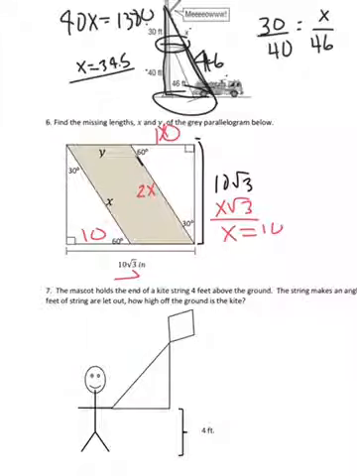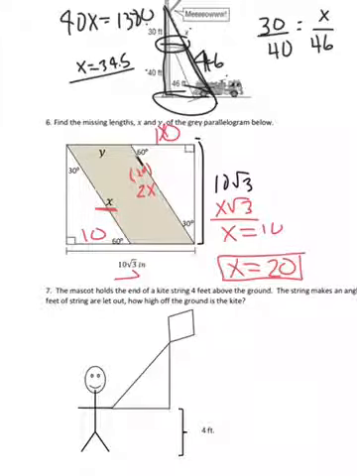Now, as far as this x, because my special right triangle x was 10 and this is 2x, x is going to be 20. I know there's two different x's here, but the x from the special right plugs into that. And then to get y, what you could basically do is subtract that.